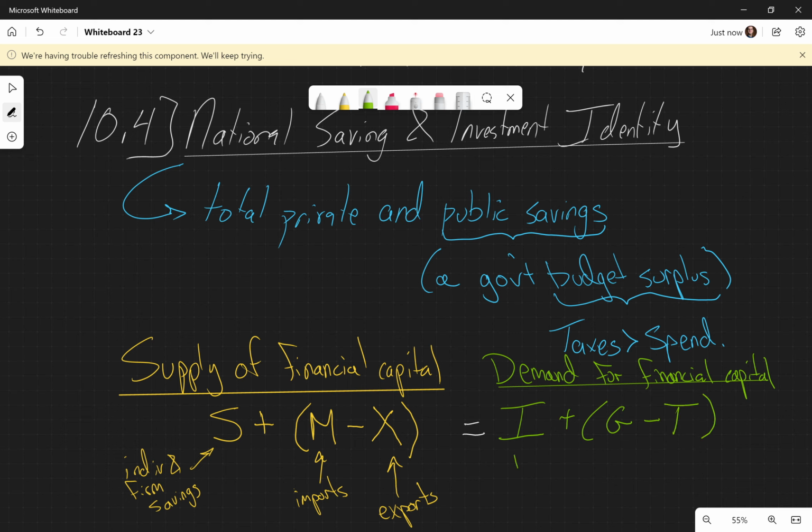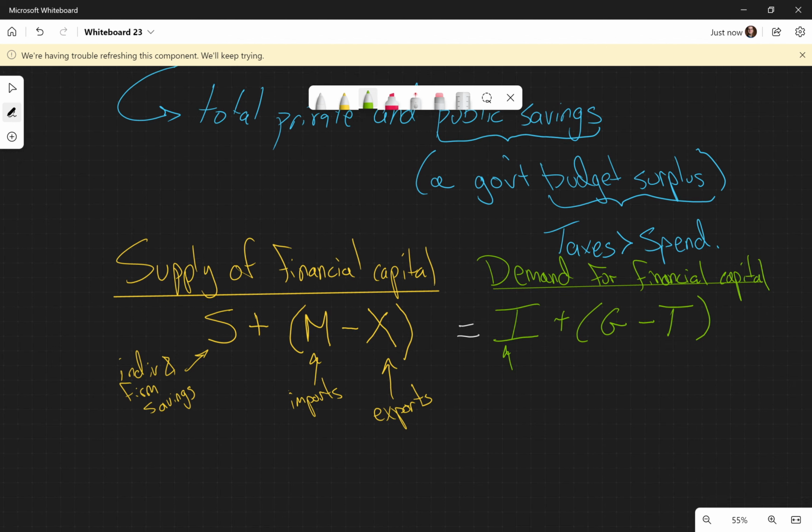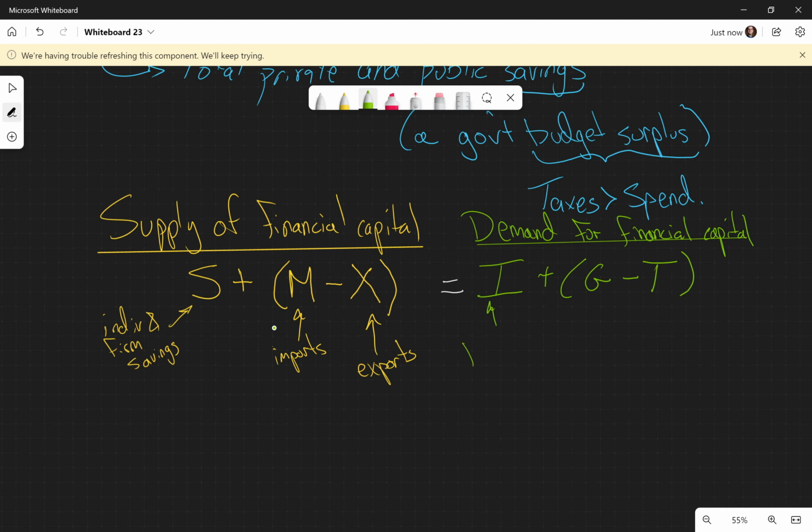So this is private sector investments, this is government spending, and these are our taxes collected.